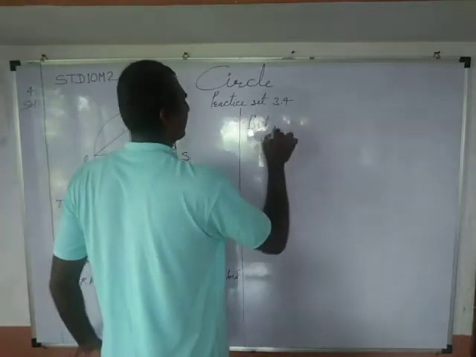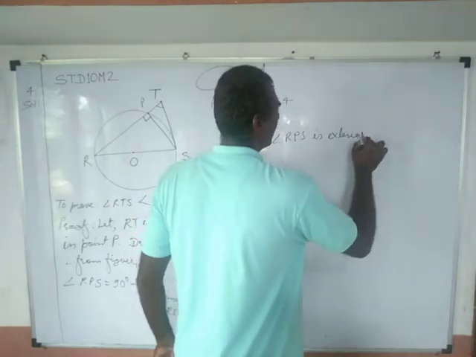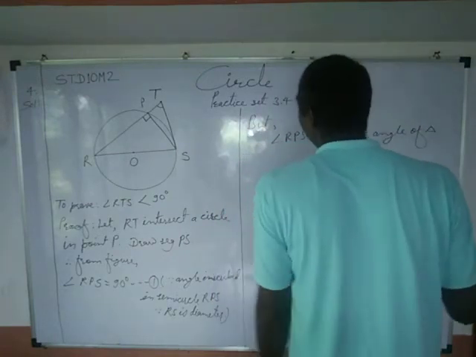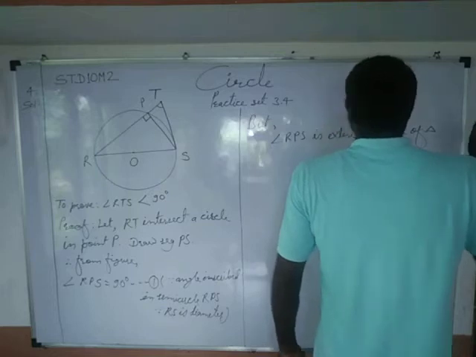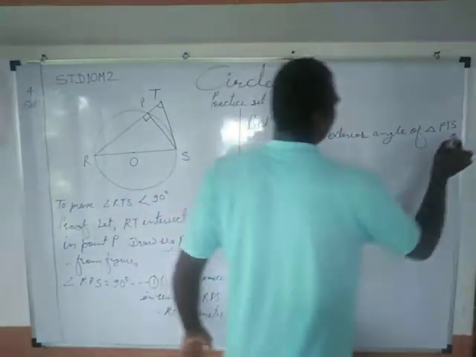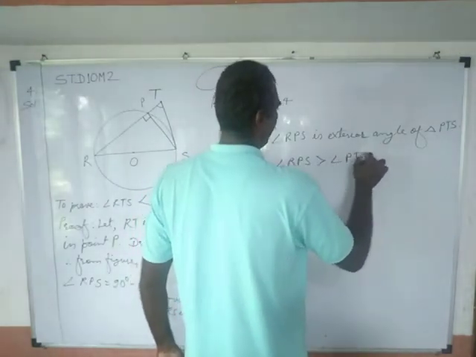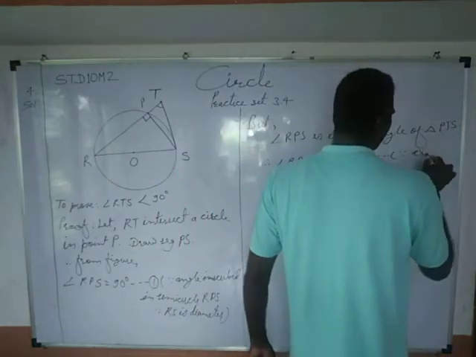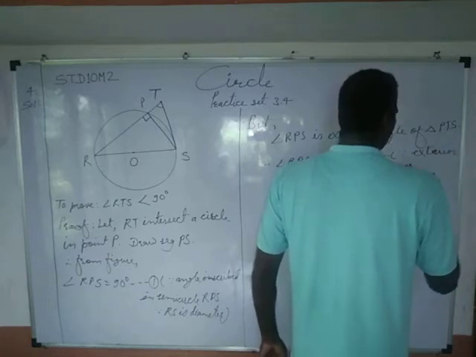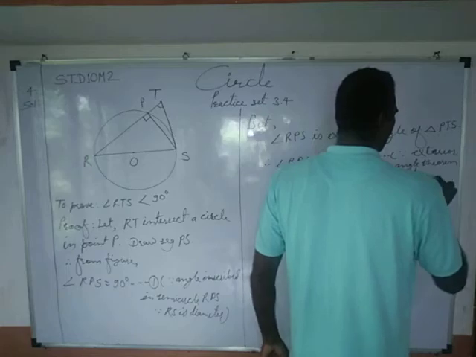But angle RPS is the exterior angle of triangle PTS, and therefore angle RPS is greater than angle PTS, by the exterior angle theorem of a triangle.